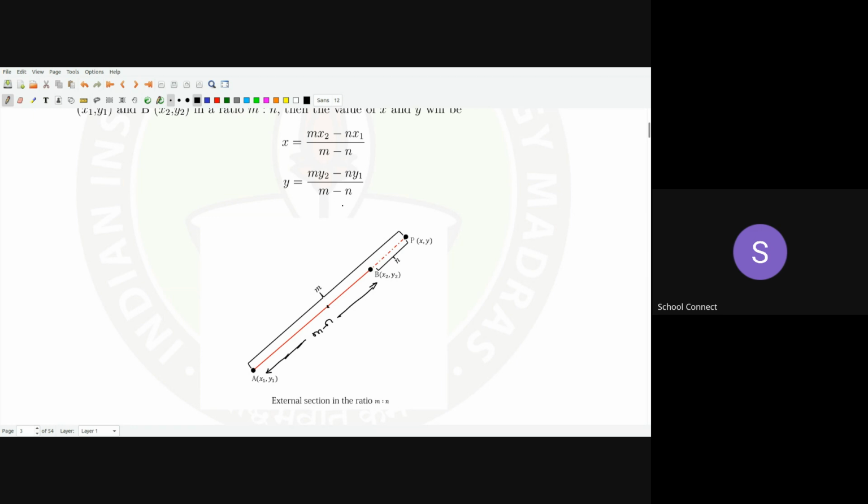So you see the denominator will always be the number of parts that the line AB is divided into. Previously, it is divided into m plus n parts. Here it is divided into m minus n parts. So n going outside takes negative. Therefore, the numerator will also be m times x2 minus n times x1. Even here the same proof goes. Using the similarity between the triangles, you can prove this also.